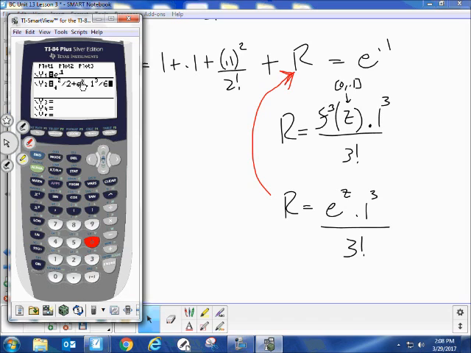And x is guaranteed by Lagrange to be between 0 and 0.1. Let's see if we can find that.